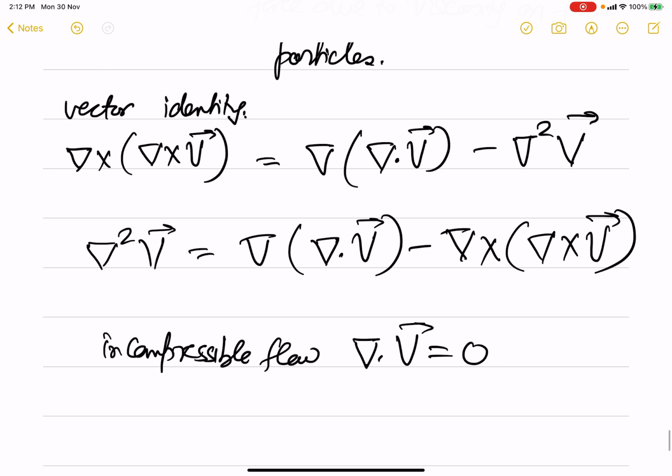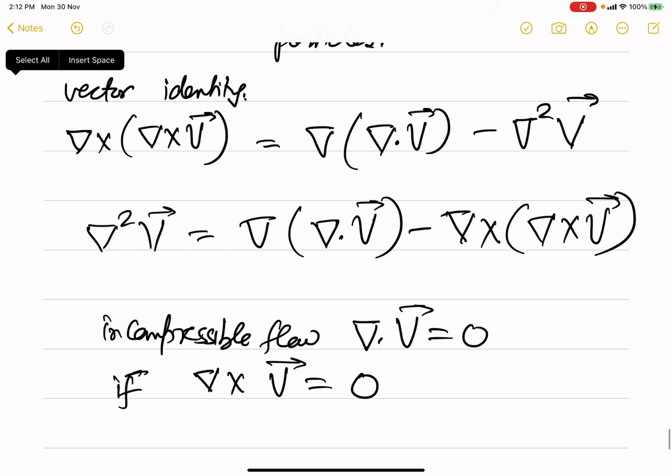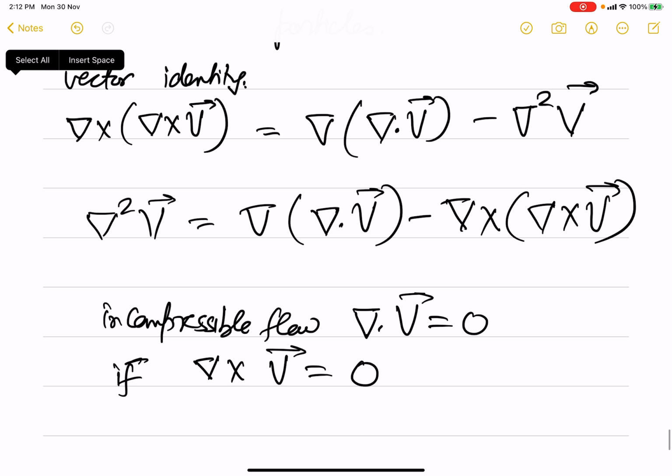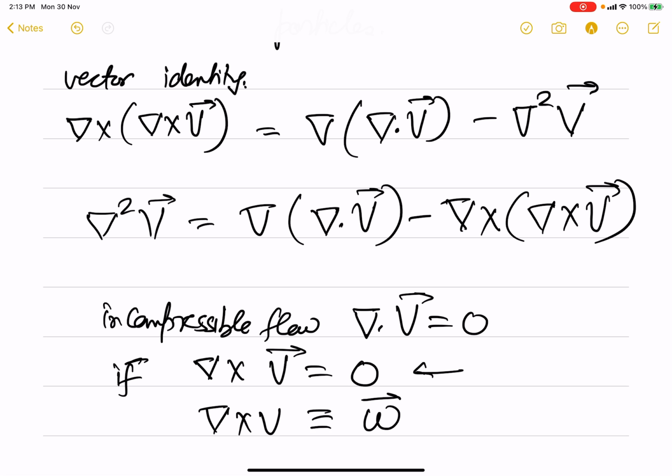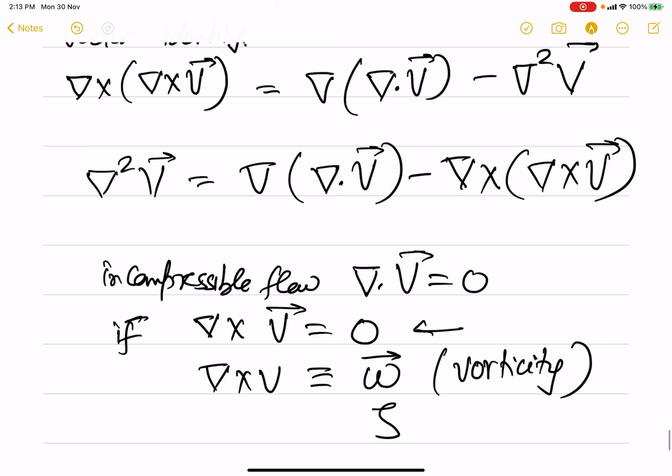And if in addition del cross V is also equal to 0, and we will define this in the next lecture, this term del cross V has a special meaning. We will define del cross V as a vector quantity omega, or vorticity. Some textbooks use a symbol zeta for this.